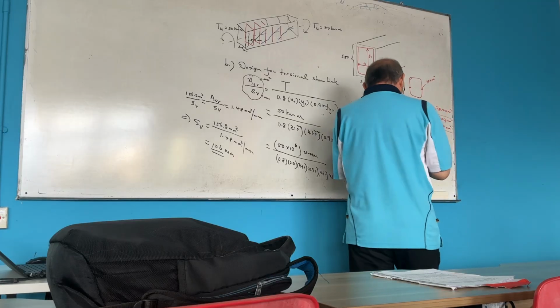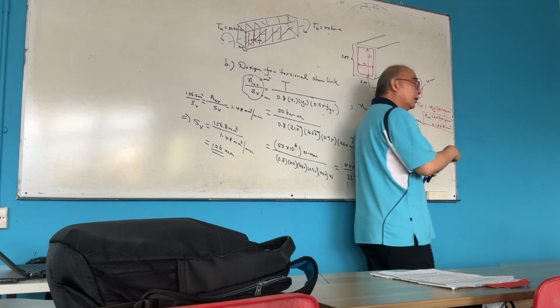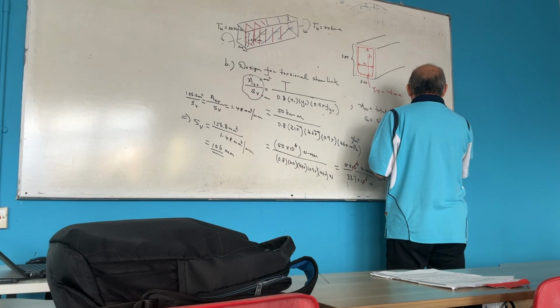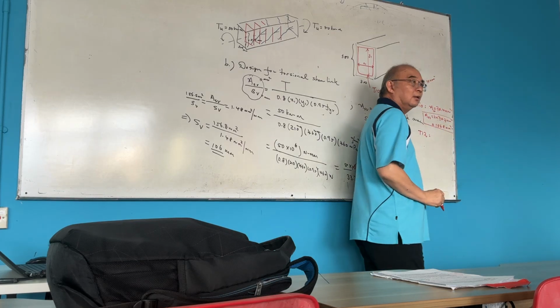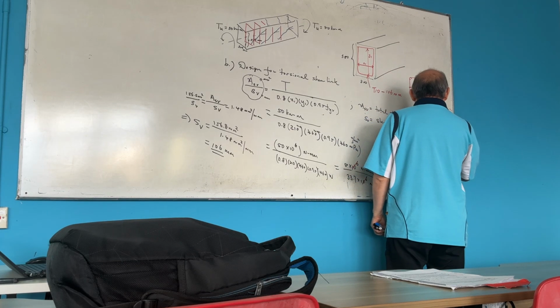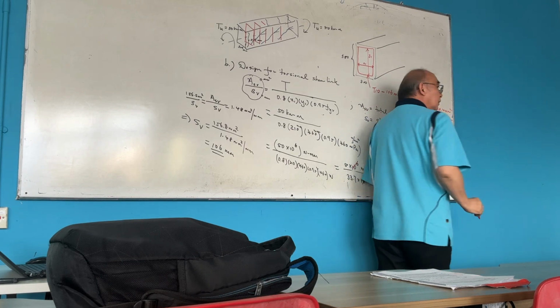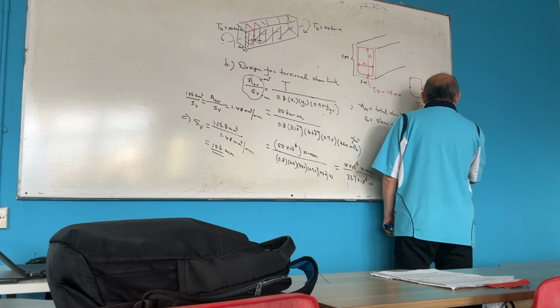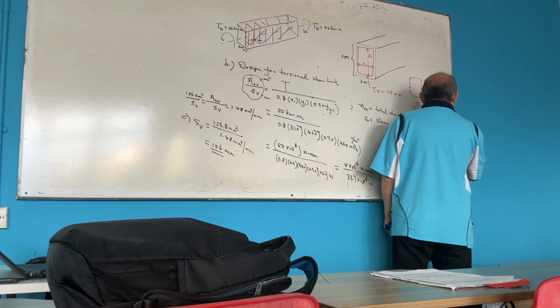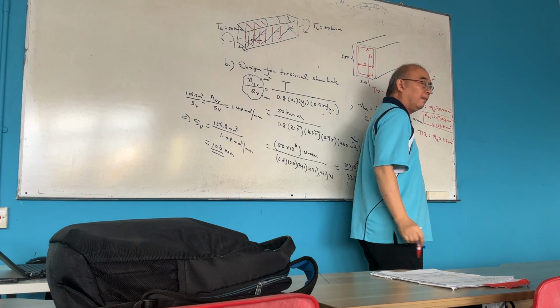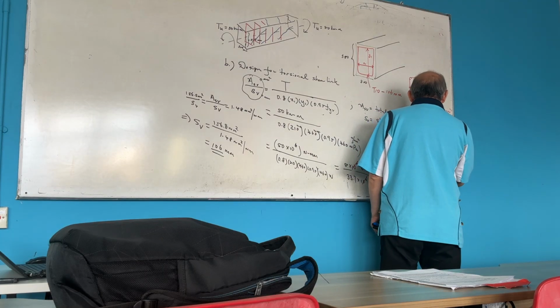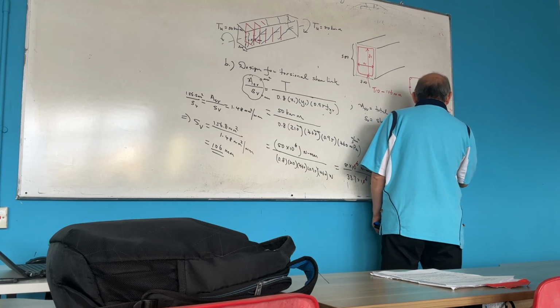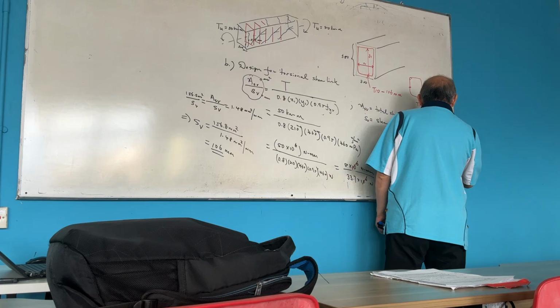Now, just for argument's sake, let's say I've used T12. My area of T12 is equal to 113 millimeters squared, then my ASV would be equal to 226 millimeters squared.